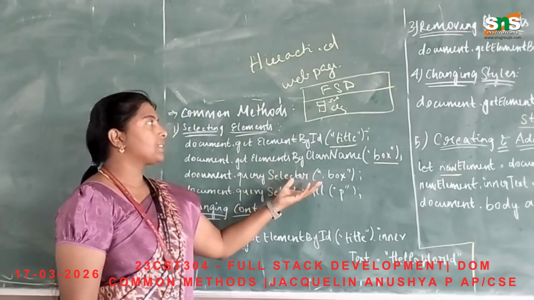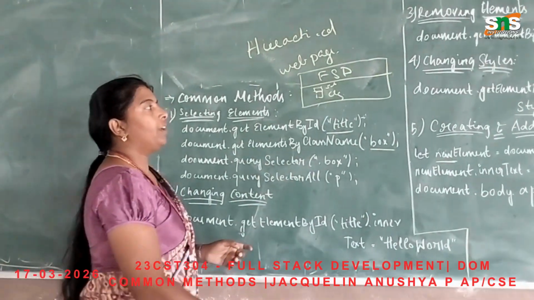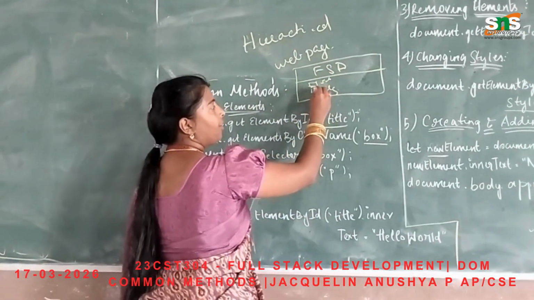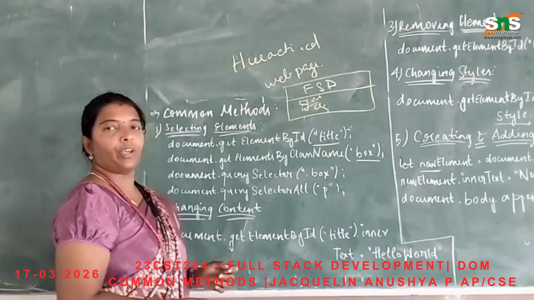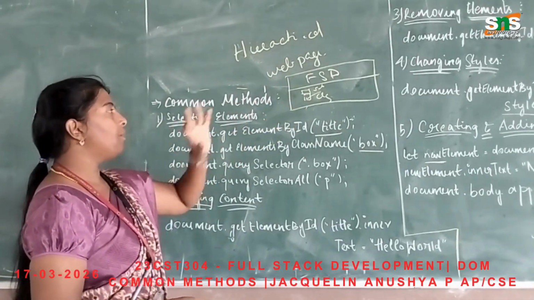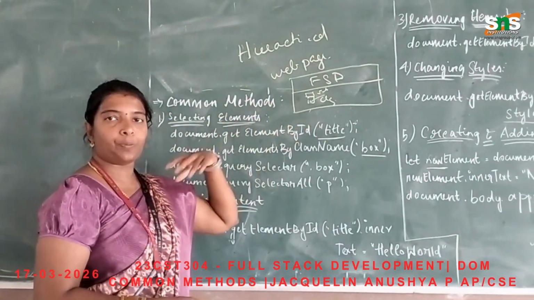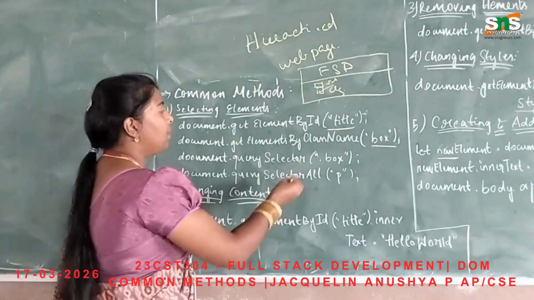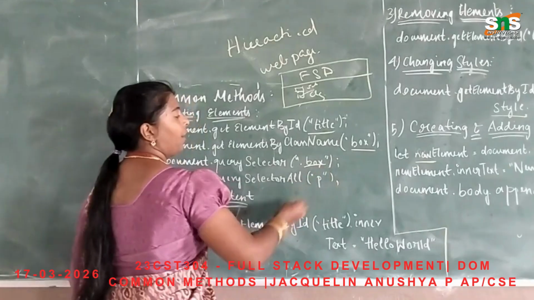Next is the selection box. If it is school, we can put a tick over here. If it is college, we can put a tick over here. By selecting the box, we choose which particular course name is mentioned in FSD.